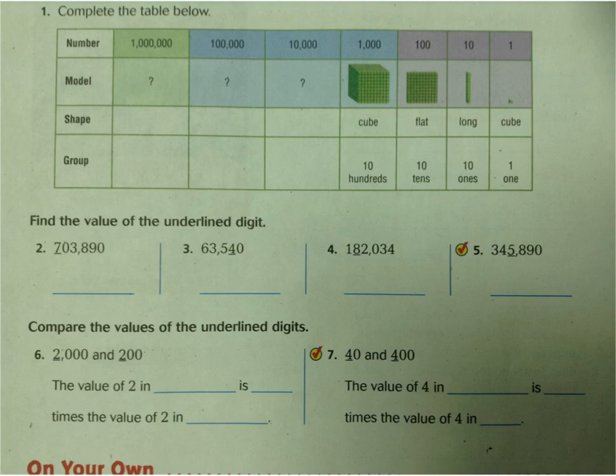So we can fill in the shapes. The shapes go in a pattern. We've got a cube, a long, and a flat through here. And then we've got a cube, so the next one would be a long.